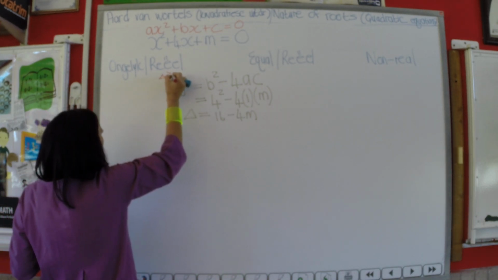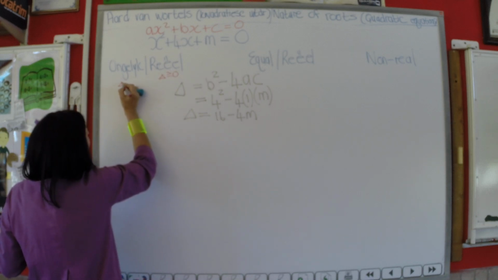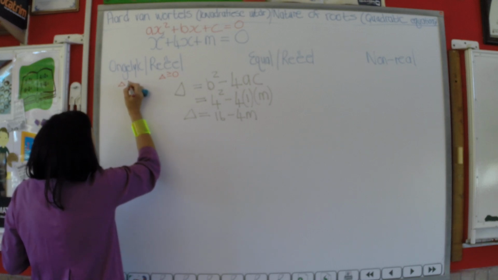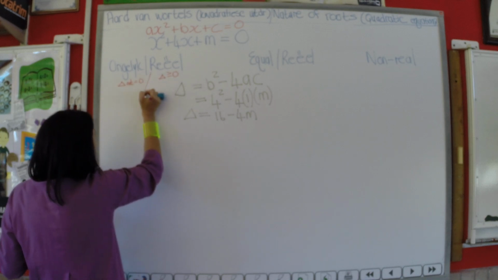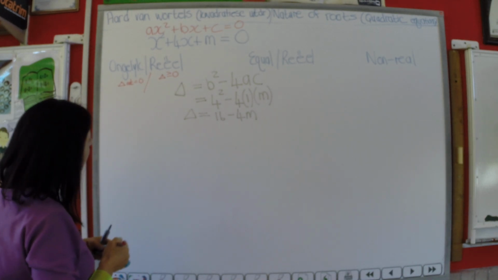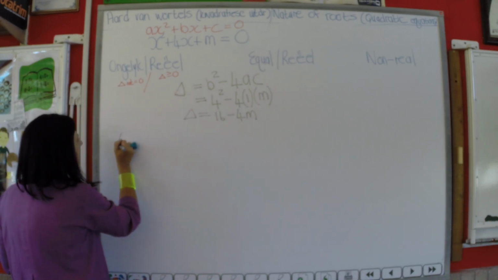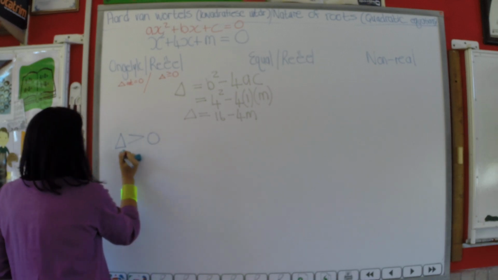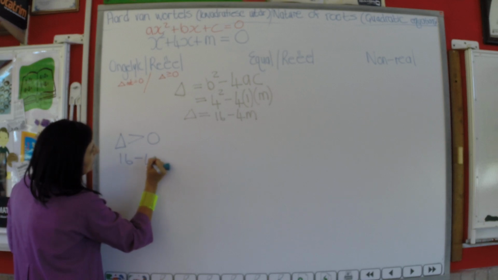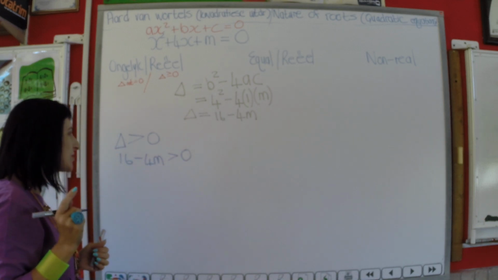Greater or equal to 0 to be real, and to be unequal, delta must not equal 0. So if you want both of these characteristics, we want delta to be greater than 0. So ons gaan hier sê, ons wil hê delta moet groter wees as 0. So let's quickly solve this inequality. Greater than 0, what values of m?